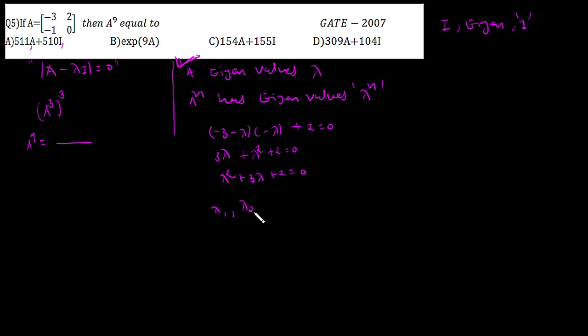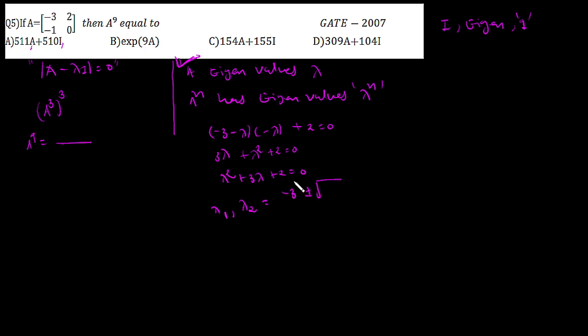So let's find the value of lambda. Let's call them lambda 1 and lambda 2, because this polynomial is of second order, so we are getting two roots. So let's find them with the formula: minus b plus or minus the square root of delta, where delta is b square minus 4ac.